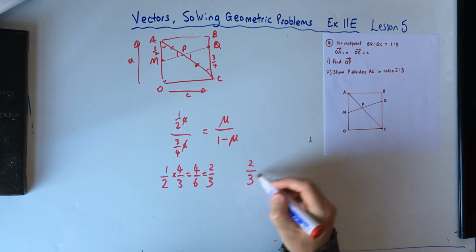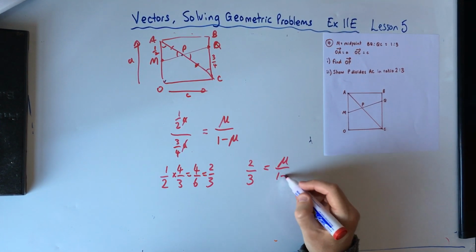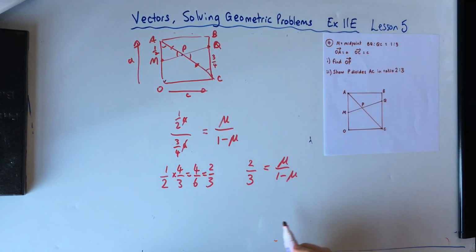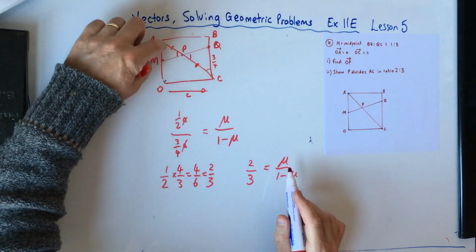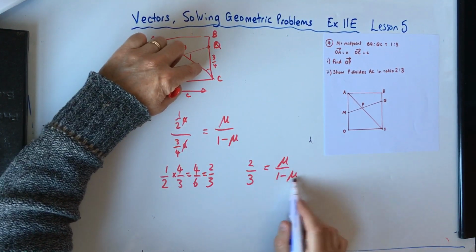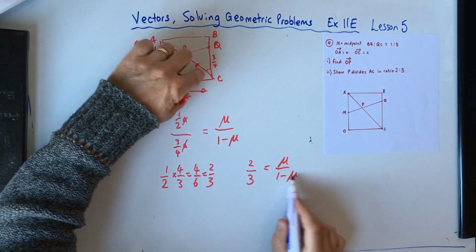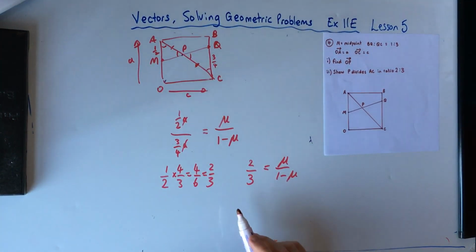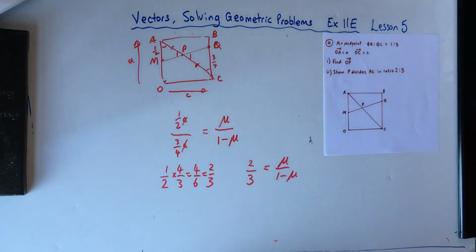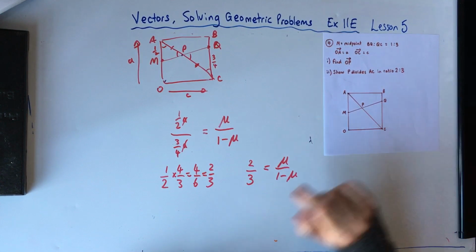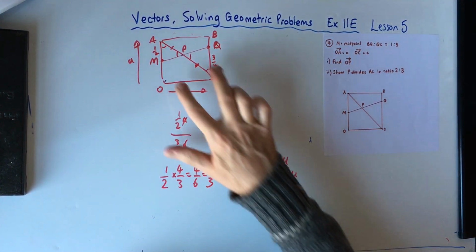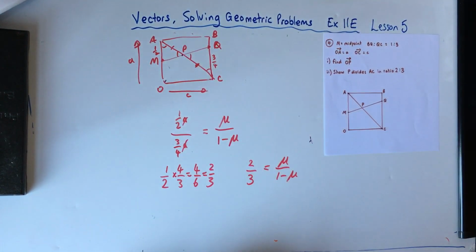So now you've got mu to the 1 minus sort of mu, whatever. So you can see that this is 2 parts to that, which is that bit there, which is 3 parts. That's it, 2 to 3. This bit solved sort of straight away. If you know that, you could have done it for that one. That would be also 2 to 3.